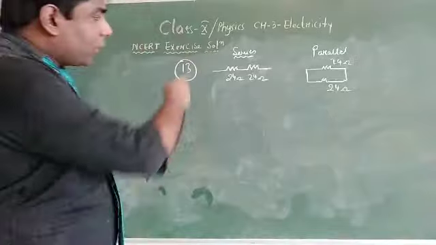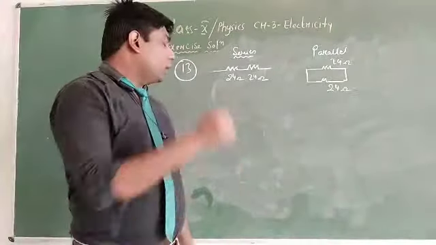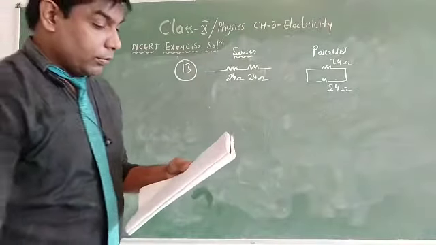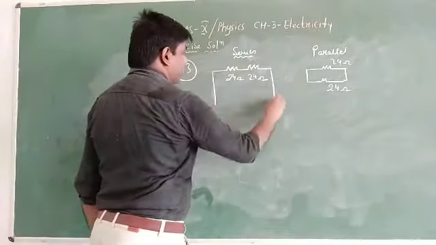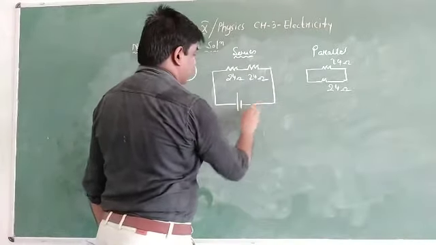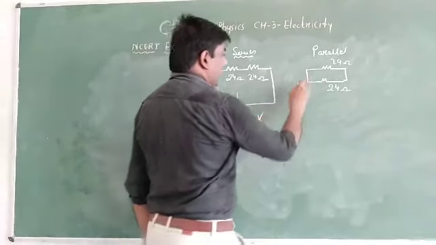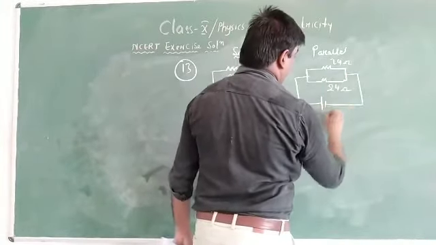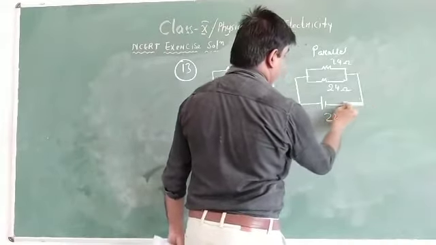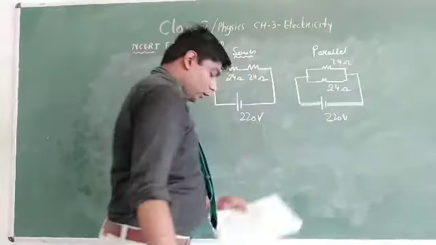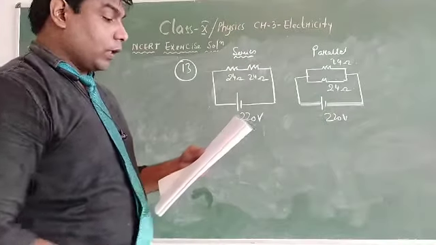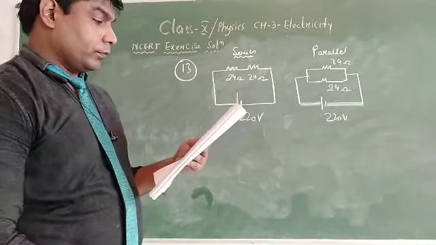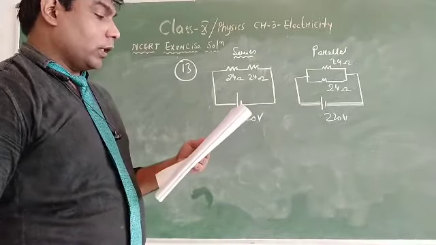First, they are heater coils, two heater coils, and the resistance is 24 ohm. First, they are connected in series, and second, they are connected in parallel across 220 volt.